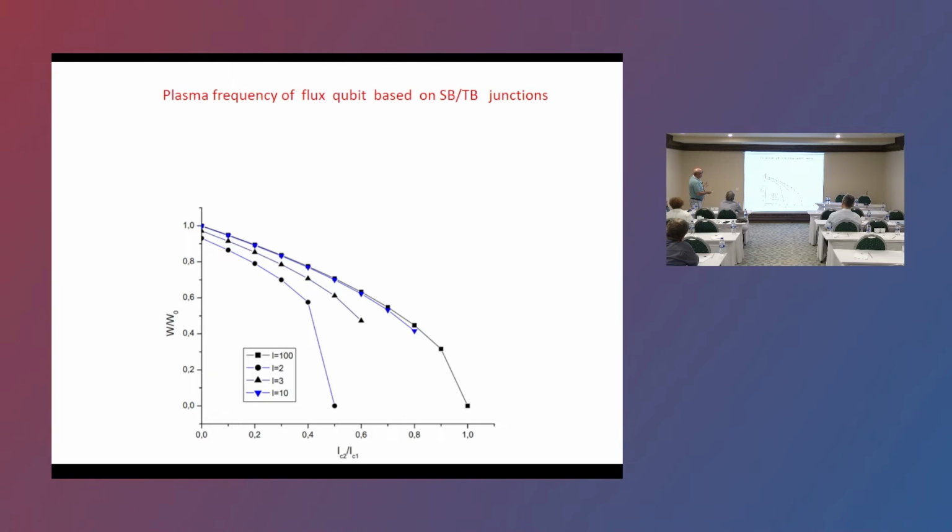And also here I present results related to the case of single band, two band superconductors. As you can see, in this case we have a single junction behavior, and the changing of character of plasma frequency at different inductance parameters is also presented in this picture.